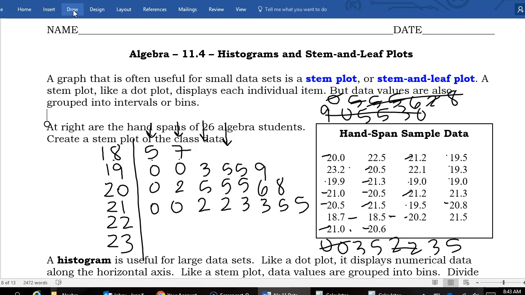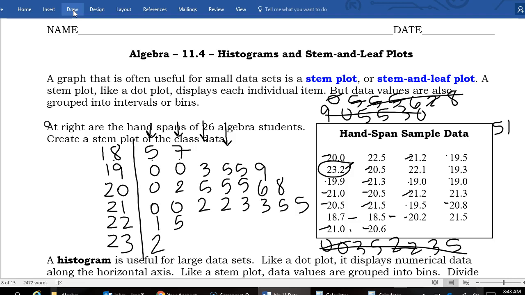And 22s. Got a 5. Move those over here. And a 1. And that's it. So 1 and 5. And then 23, I see 23.2 right here, and I don't think I see any other 23, so that'll be just a 2 here.